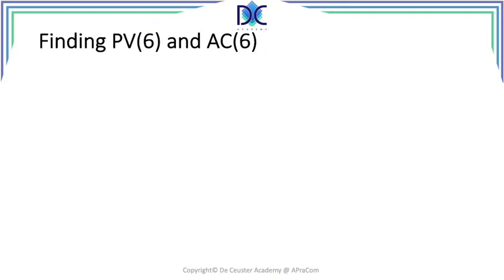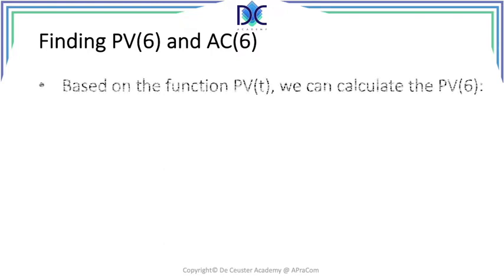Now, we try to find the planned value at period 6 and the actual cost at period 6. The first thing that we know is that we have the relationship of the planned value as a function of time, and we can calculate the planned value in period 6, which is in this case planned value equals 5,000 times t.